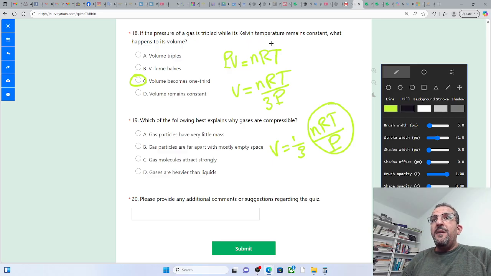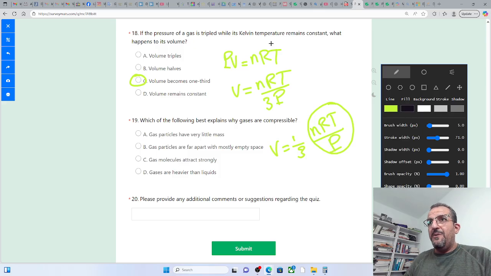For number 19, which of the following best explains why gases are compressible? Okay, so it is straightforward also here. Gas particles have very little mass. I don't think this is the right answer. Gas particles are far apart with mostly empty space. This is the right answer.